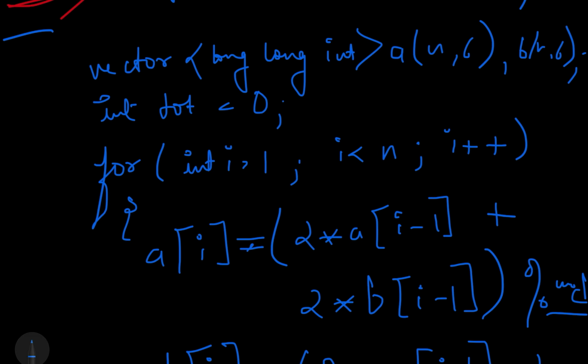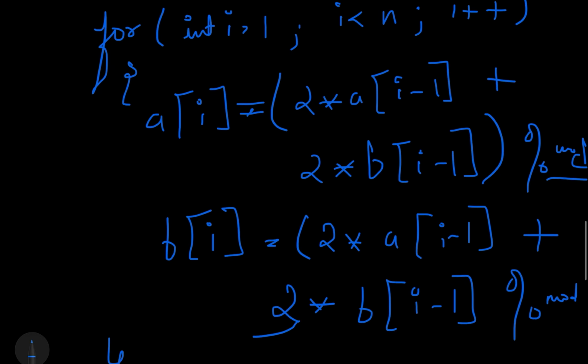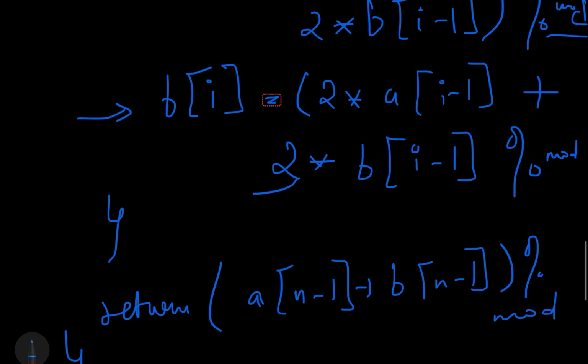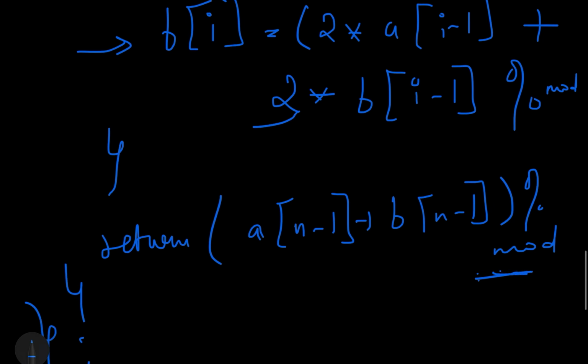We apply the recurrence: a of i is 2 into a of i minus 1 plus 2 into b of i minus 1, and we have done modulo to keep the numbers within bounds. Then b of i is 2 into a of i minus 1 plus 3 into b of i minus 1, and we return the sum of the counts for the final row, which is a of n minus 1 plus b of n minus 1 modulo 10 raised to 9 plus 7, to keep it within range.